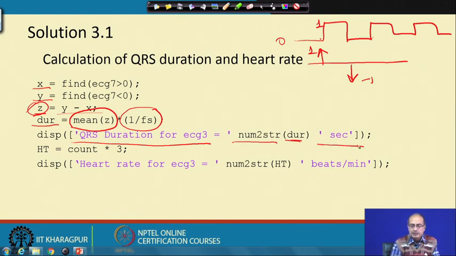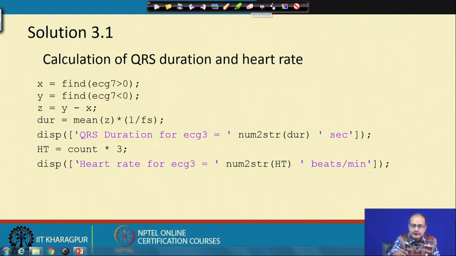It is calculated in terms of seconds, and the count we got is for 20 seconds. To get the number of counts per minute, we need to multiply it with 3 to estimate the value for 1 minute. So, HT has the count for 1 minute. So, again we use number to string to get the heart rate for ECG 3 in terms of beats per minute.